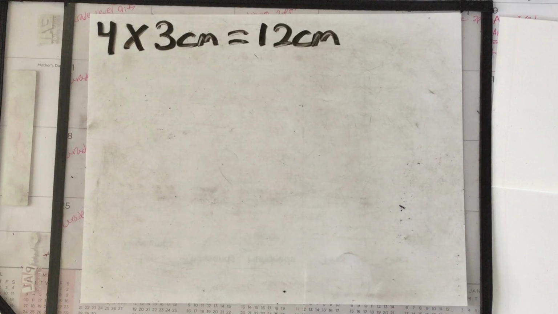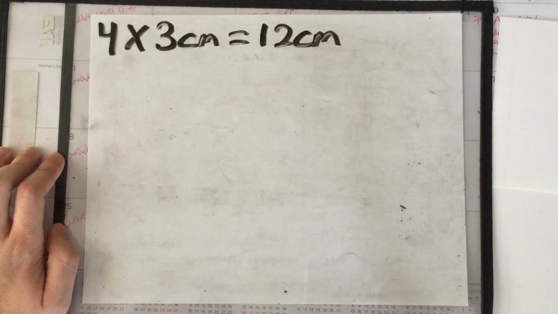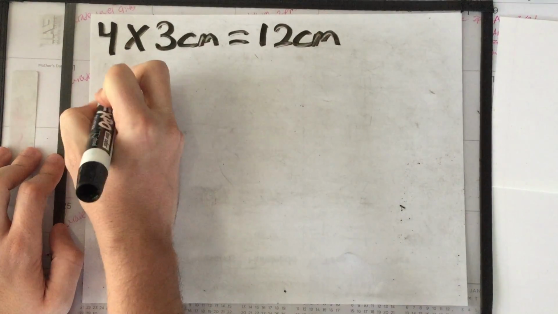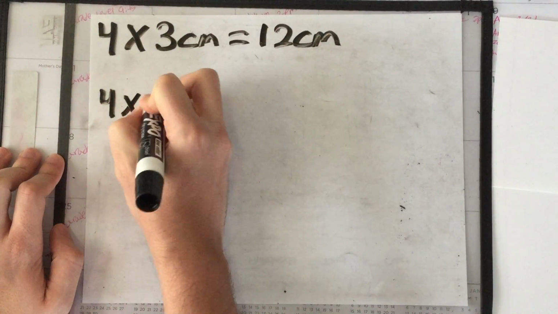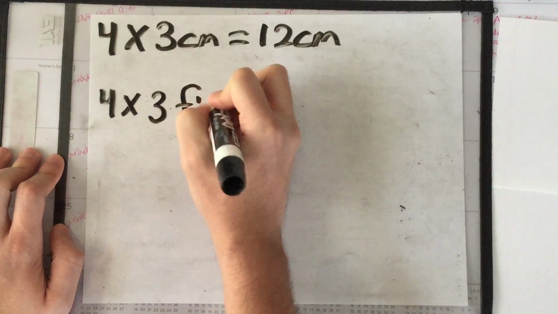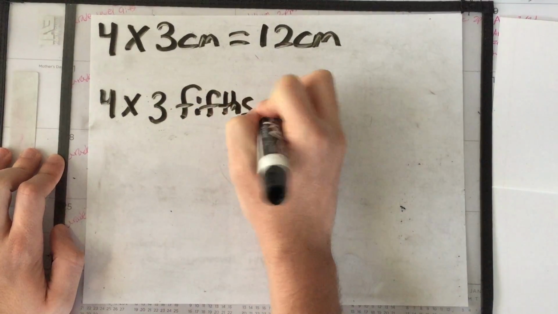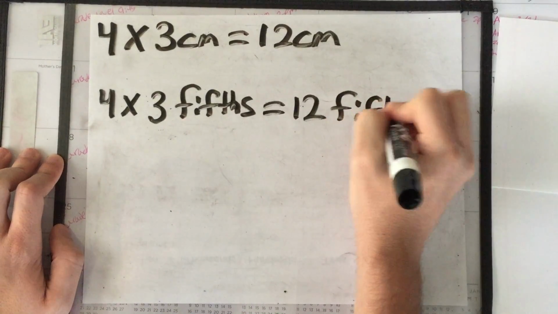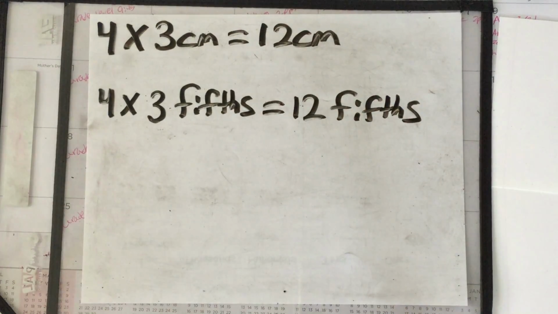Now, I'm going to rewrite this as a fraction multiplication sentence, but in unit form. 4 times 3 fifths equals 12 fifths.